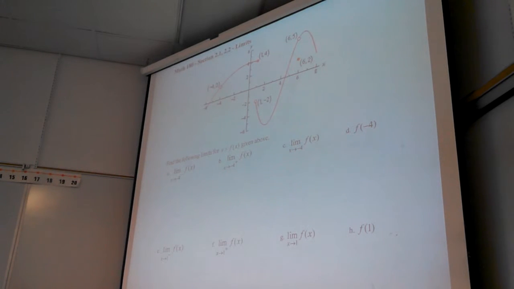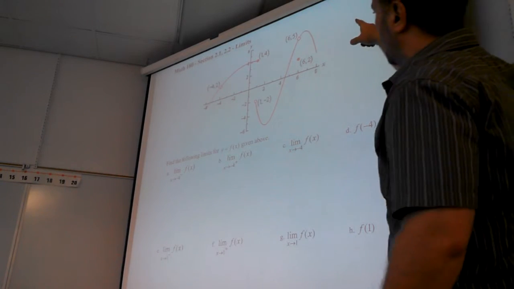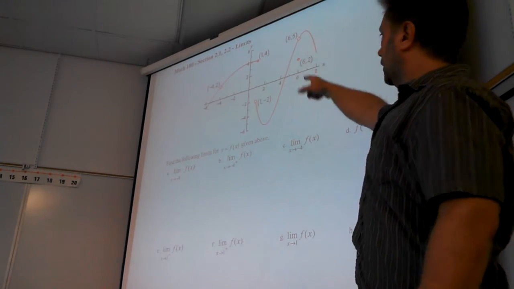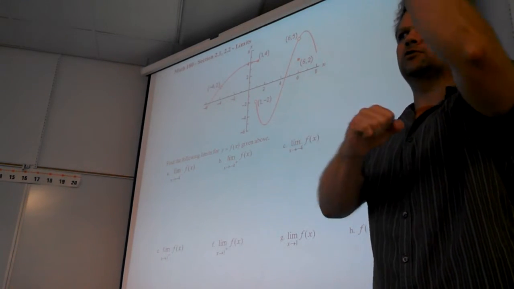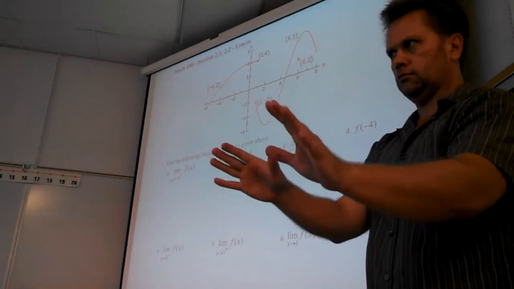The function is not defined at x equal to 5. The limit at 1 does not exist. Okay. You see the difference? A function might not be defined for a certain x value, but a limit does not exist, period, as it approaches a certain x value. Okay. Cool. I like it.